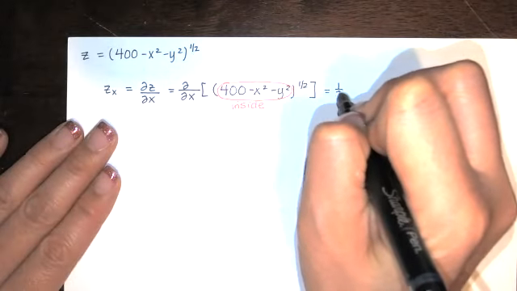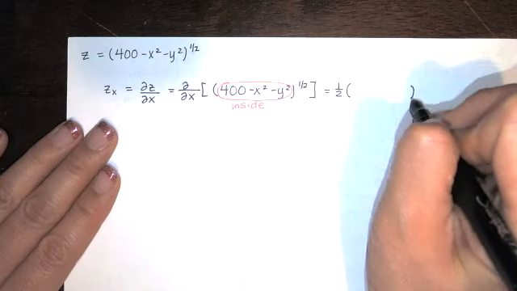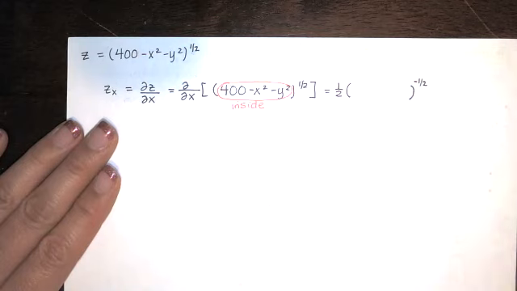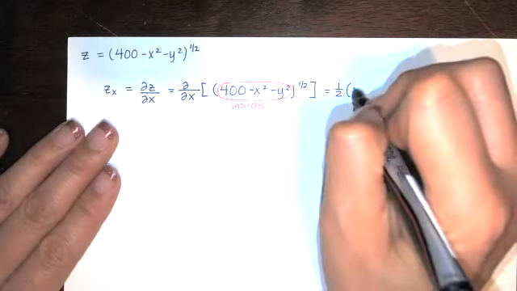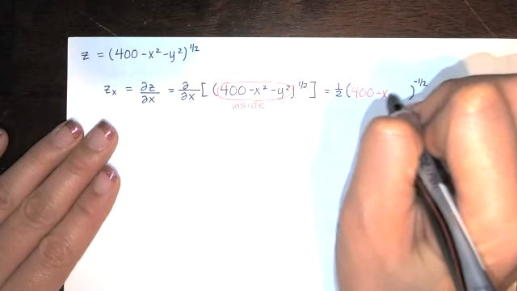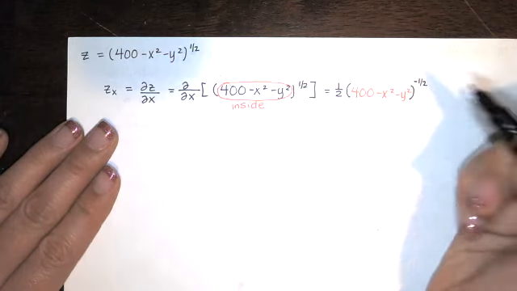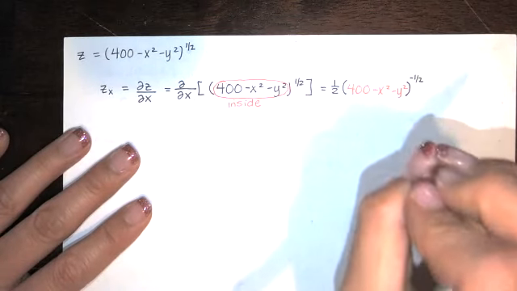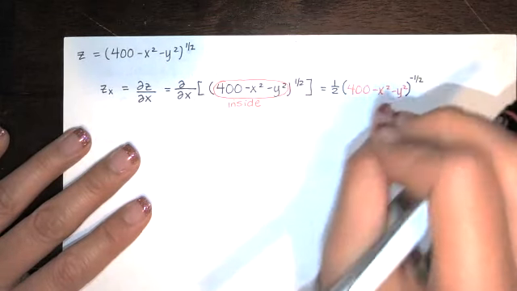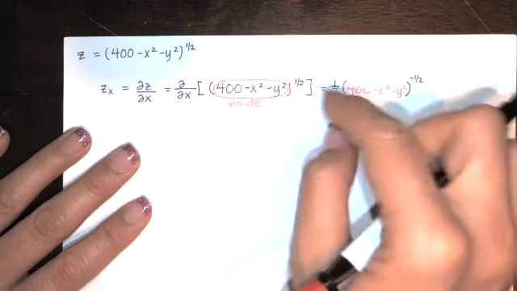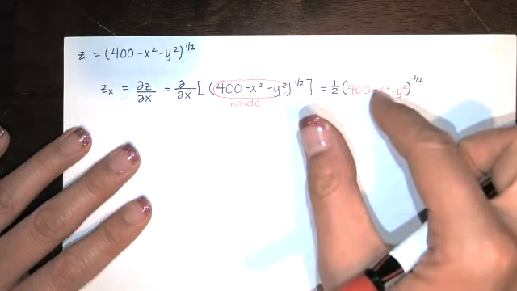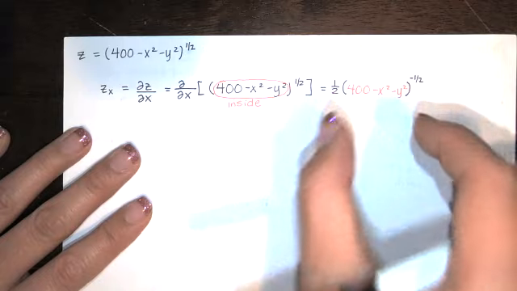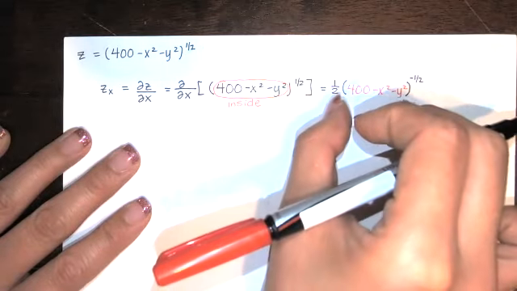So I'll bring the power down. We'll multiply by the inside function to the 1 less power. That's the derivative of the outside. Always compute the derivative of the outside first. You take the derivative of the outside first. So we have 1/2 of the function raised to the negative 1/2 power. Put the inside function back inside.